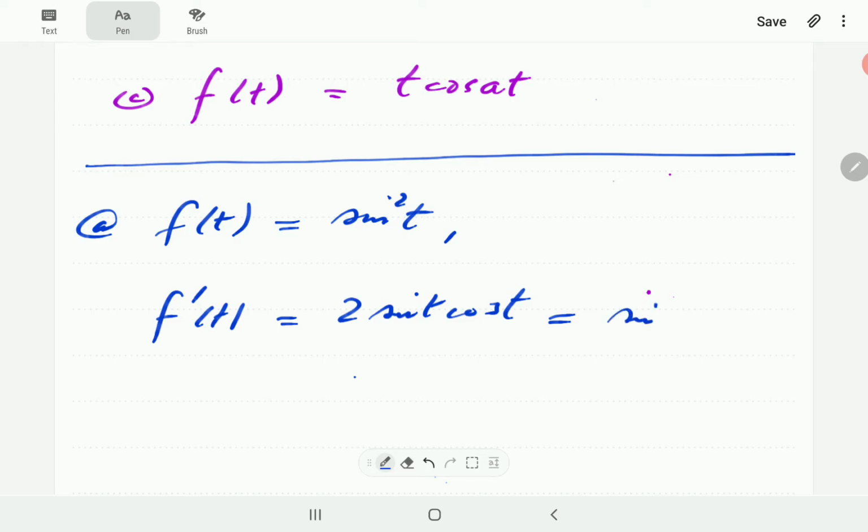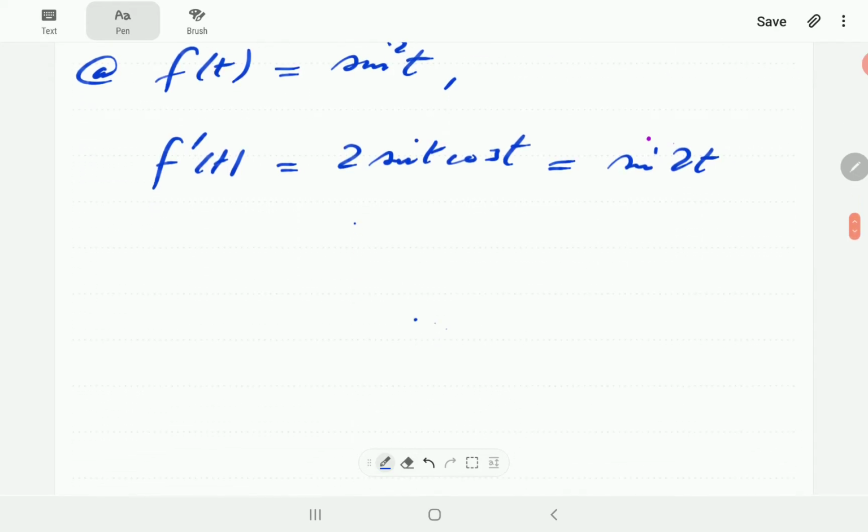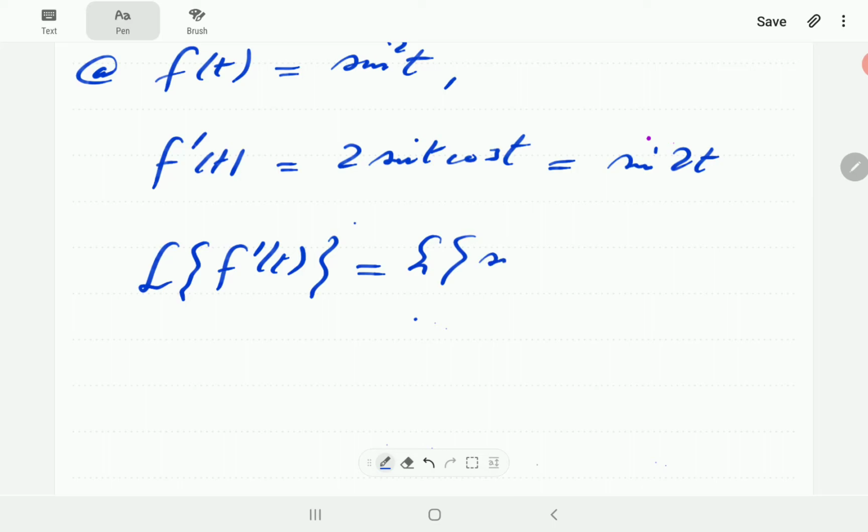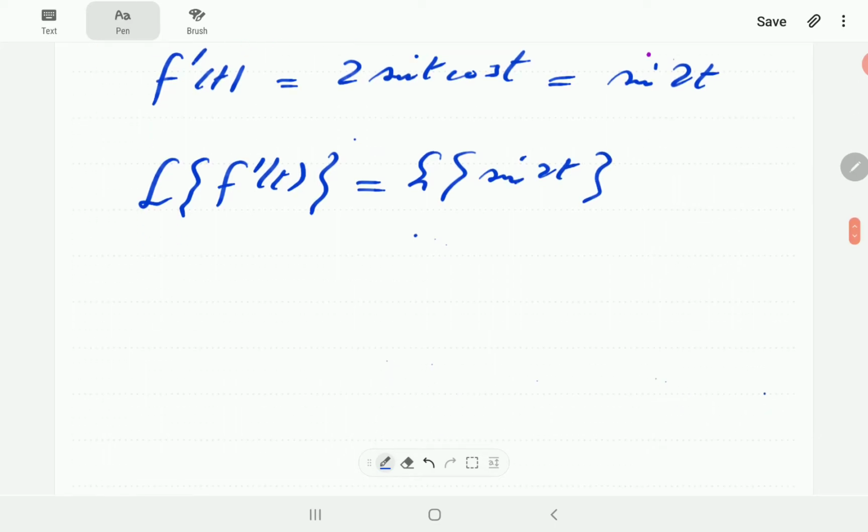That is the same as sine 2t. Then we're going to take Laplace transforms on both sides. So the Laplace transform of f prime is going to be the Laplace transform of sine 2t. And then for sine 2t, we're going to use the tables of Laplace transforms.